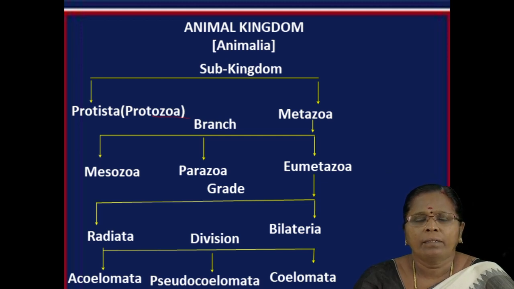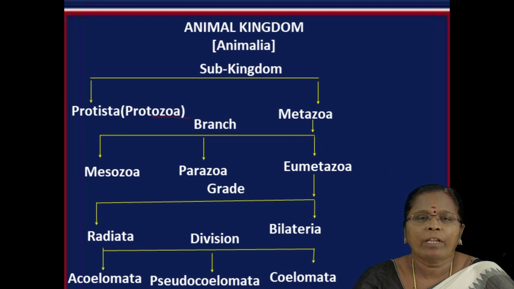Here these organisms do not have definite organs. The cells are aggregated but with no defined tissues. And the Eumetazoa, they are the true organisms. Here they show the organ grade of organization. That means certain organs are doing specific functions.